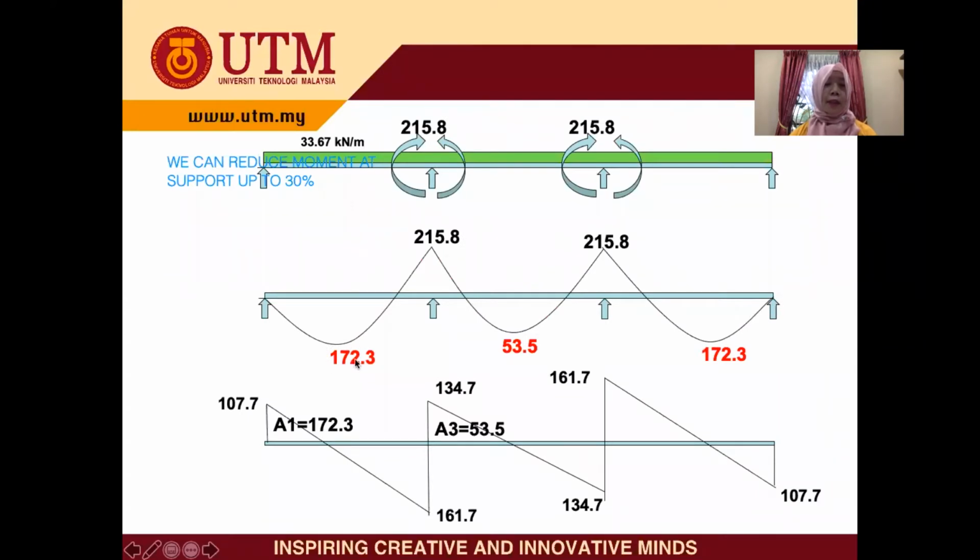In design, if we just use the original moment, remember when our beam is at ultimate limit state, this one will yield first. It will reach ultimate limit state beforehand this value.